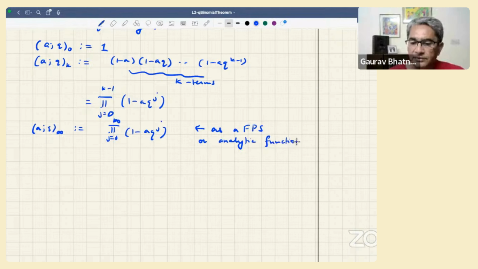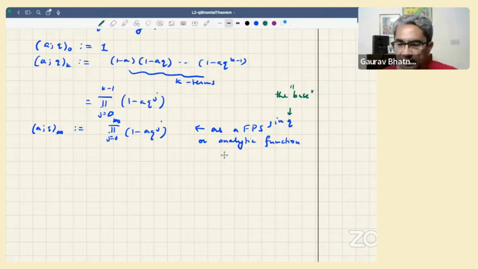We haven't really done how to define infinite products, but we will do at some point. Here q is called the base. Series associated with such products are often referred to as basic hypergeometric series.